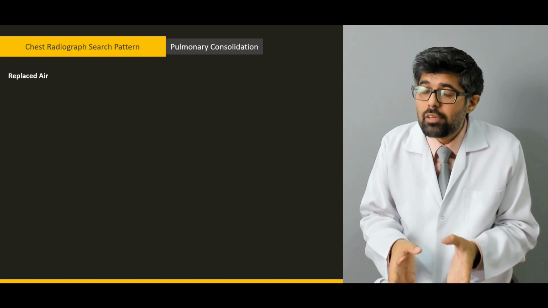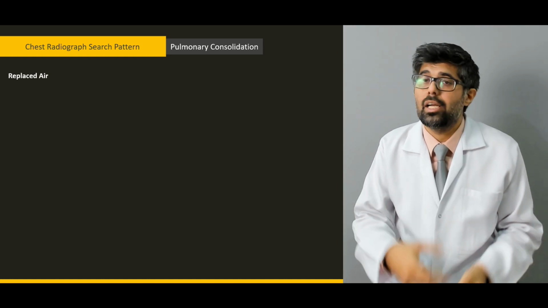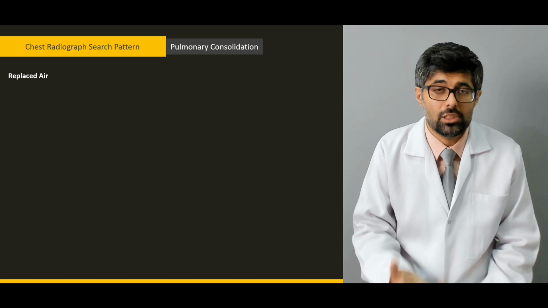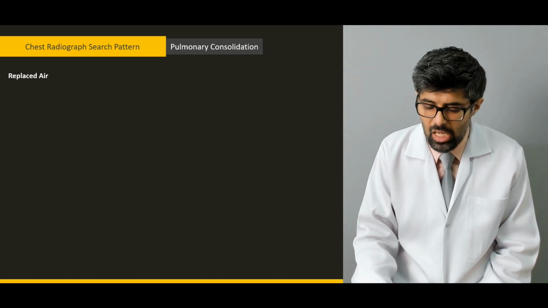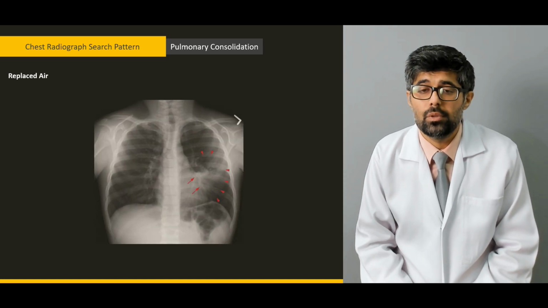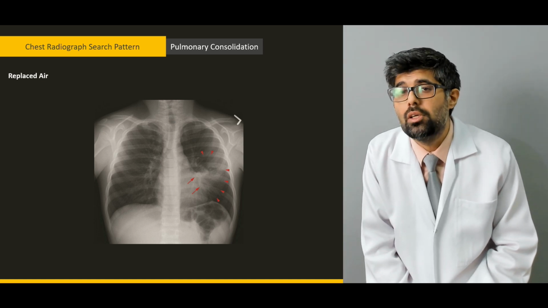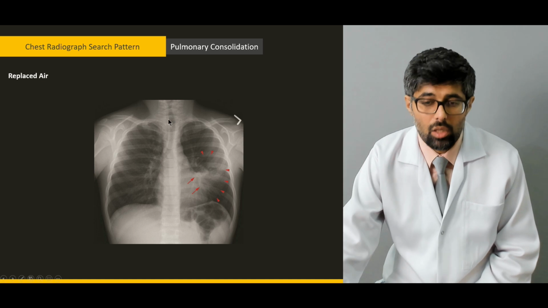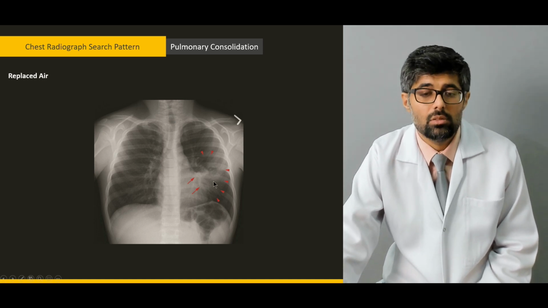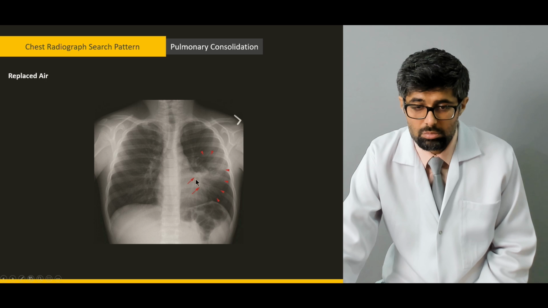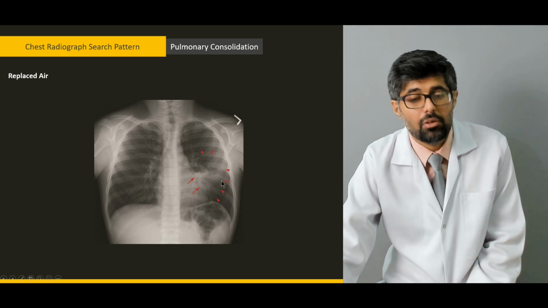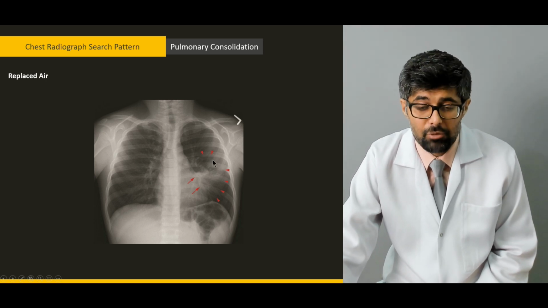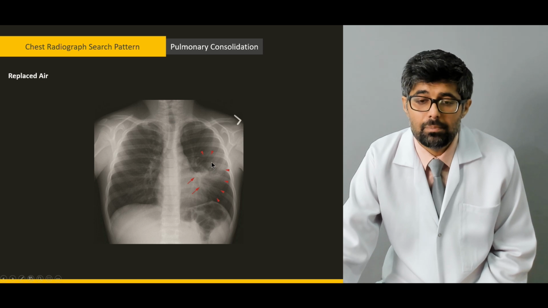It can also be referred to as an infiltrate, it can also be referred to as opacification. And the most common example of pulmonary consolidation is pneumonia, where large consolidations bilaterally, or in this example unilaterally, are visible on the X-ray.